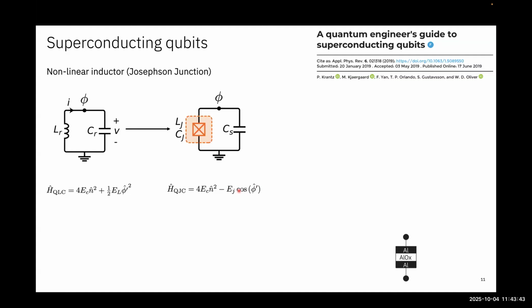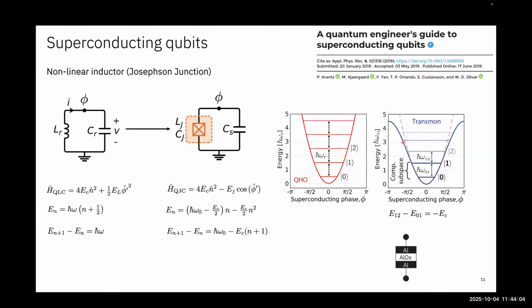Now we have a source of nonlinearity. When you calculate the energy difference for this kind of system and this kind of system, here, between two consecutive energy levels, they are the same. You have a constant value, but here it depends on n, so it's no longer constant.